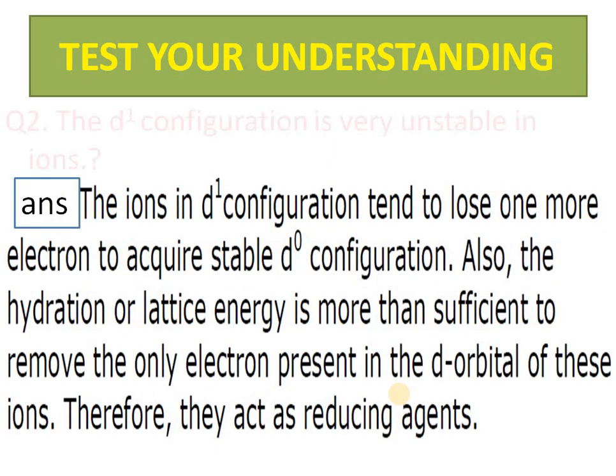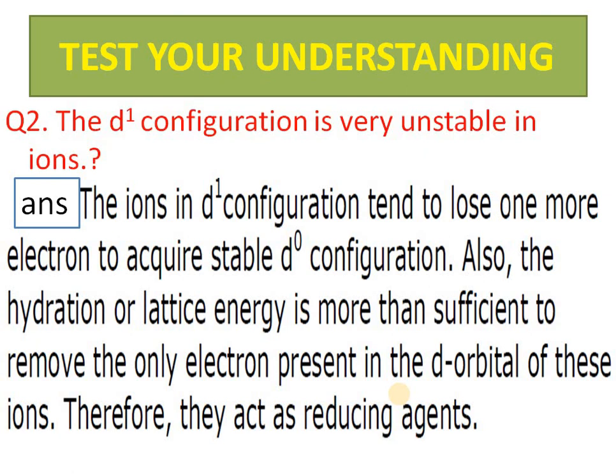Now the next question: d1 configuration is very unstable in ions. Why? You know that d1 will attain stability after losing one electron. It will attain d0 configuration. And the hydration or lattice energy is more than sufficient to remove the only one electron.